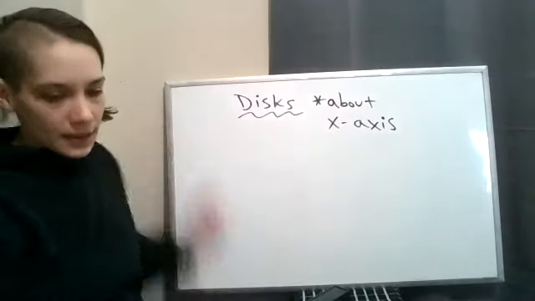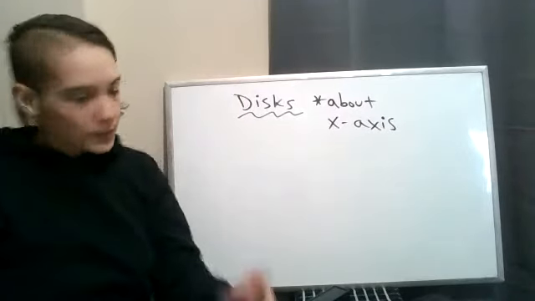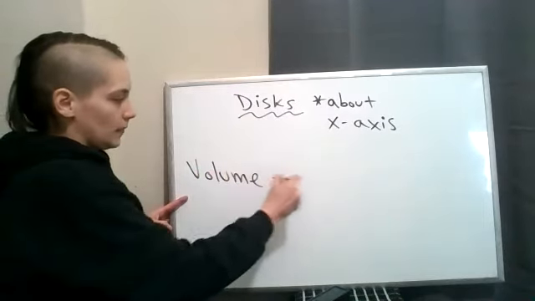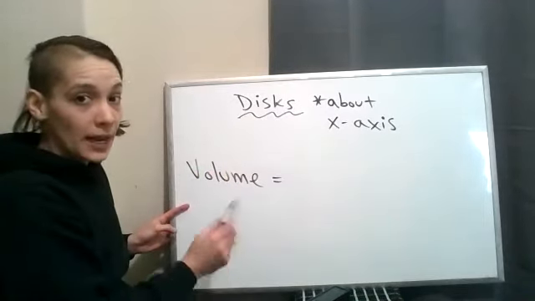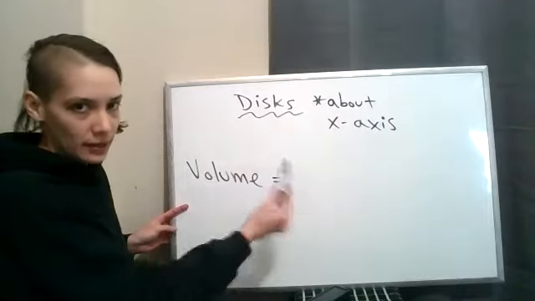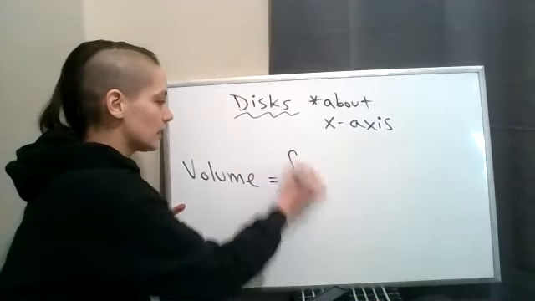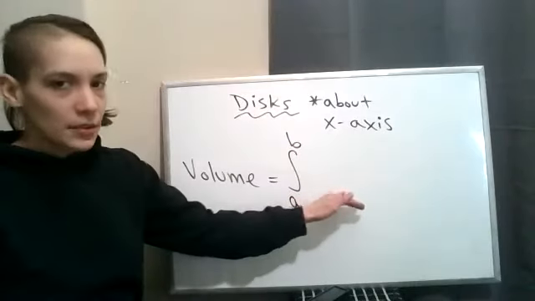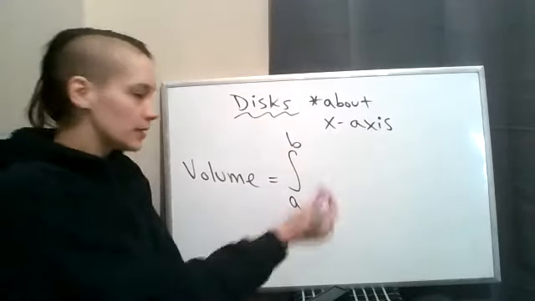So in that case, we're going to have volume as the integral from x equals a to x equals b. We'll drop a picture too. Of pi times the radius squared. And the radius will be your function.